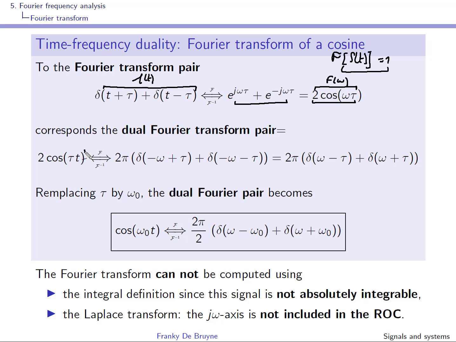This is f of t, and we know that the corresponding Fourier transform will be this one, where t is replaced by minus omega and where we multiply it by 2 pi. If you do this, this is what you obtain, and you can go from this expression to this expression because of course the delta is an even function.